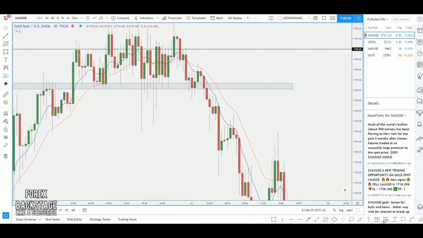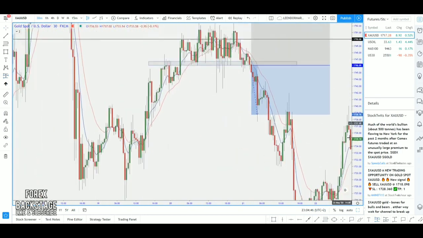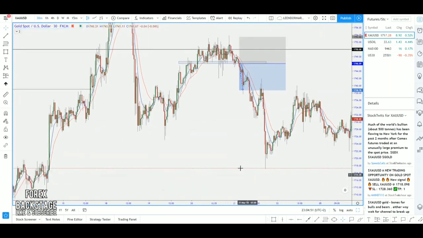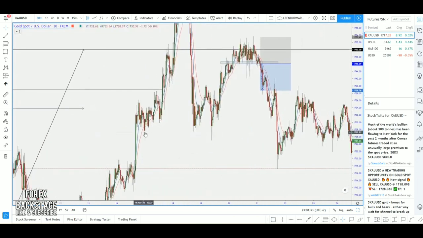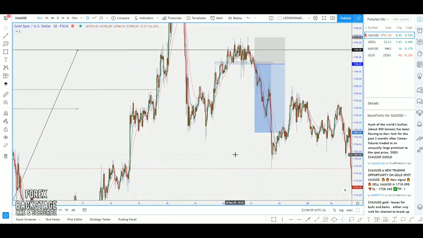I would have tried and shorted this trade literally at the retest of that level, targeting the next possible support level, which in this case, using previous market, would have been this level over here. So this would have been the level of anticipation based on the previous market.